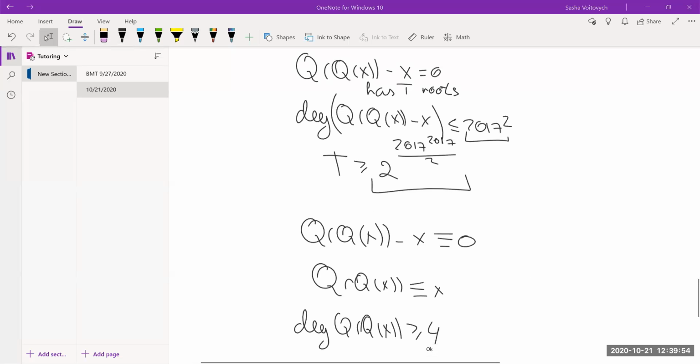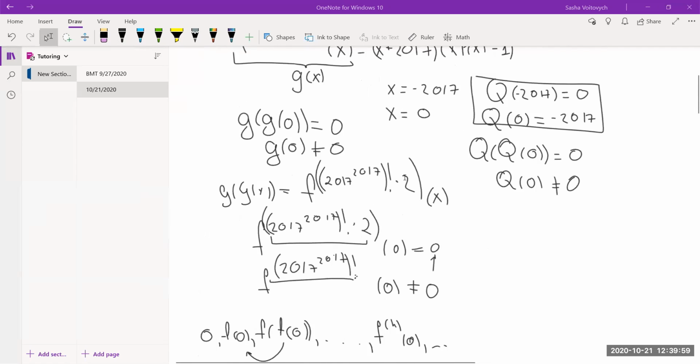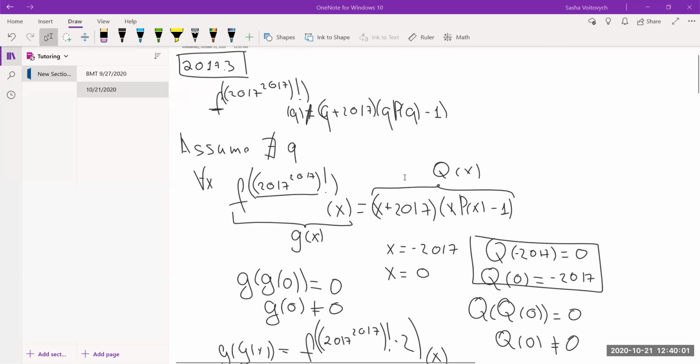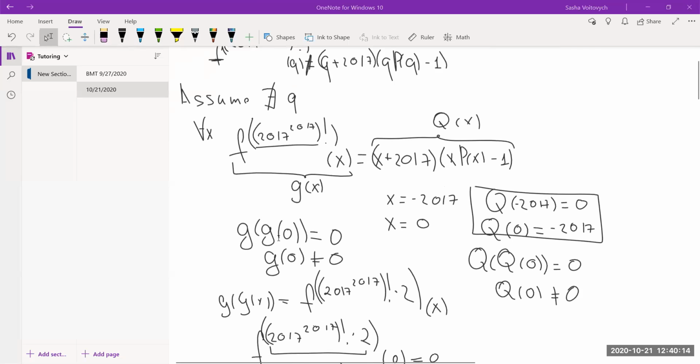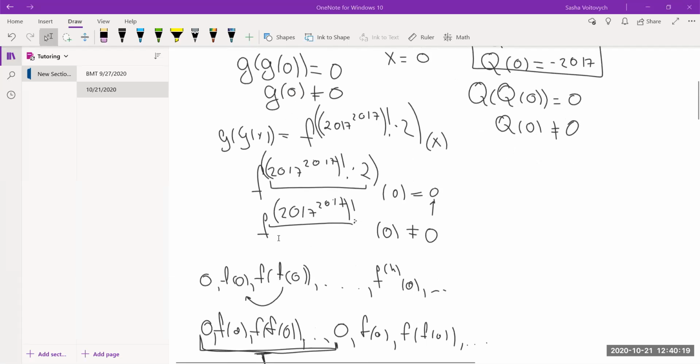Then we applied that knowledge to the left-hand side. We investigated the sequence f concatenated with itself n times of 0, and we found out that it has a period.